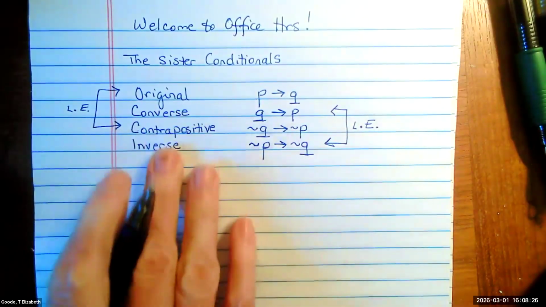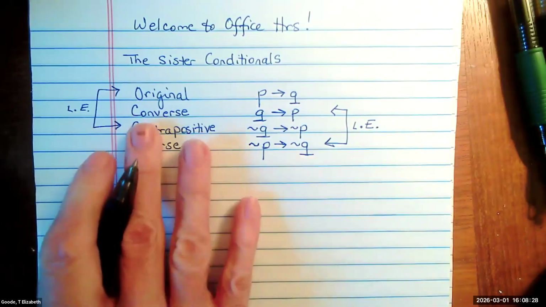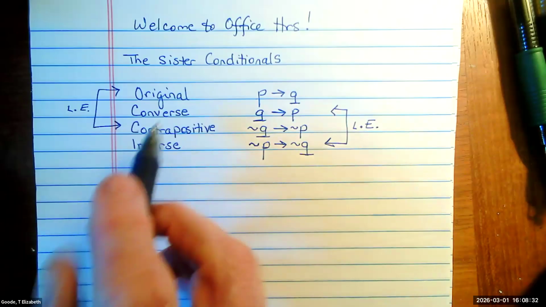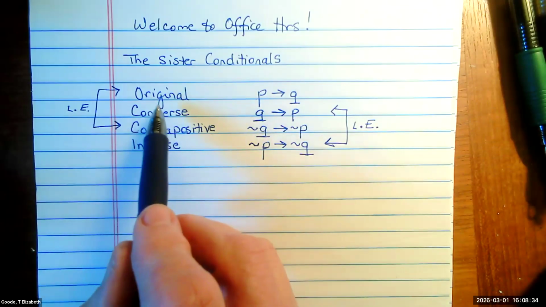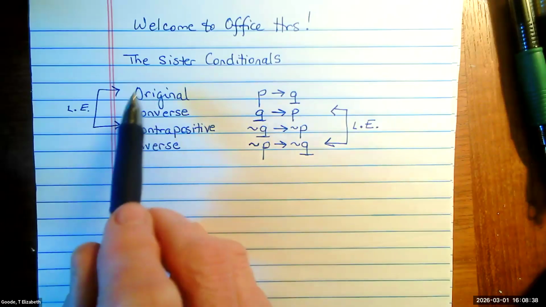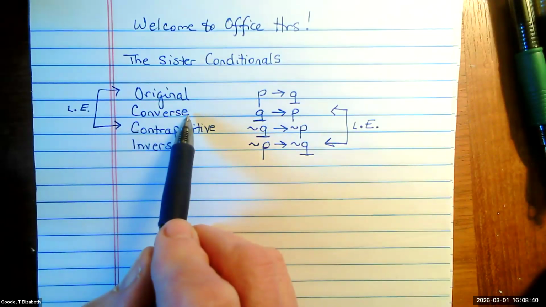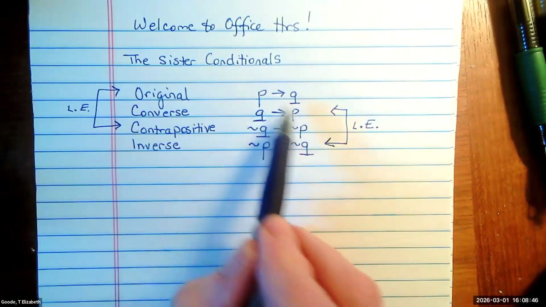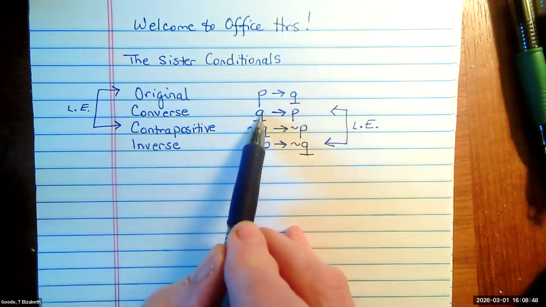So these are the original with the three sister conditionals. Again, if you have a hard time remembering the names, think about converse shoes. They're on your feet. So to get to the converse from the original, the head goes to the foot and the foot goes to the head.